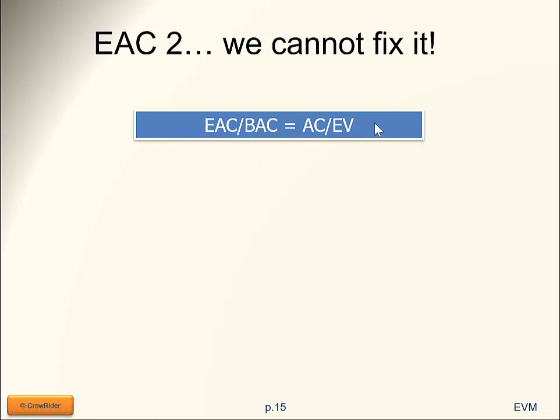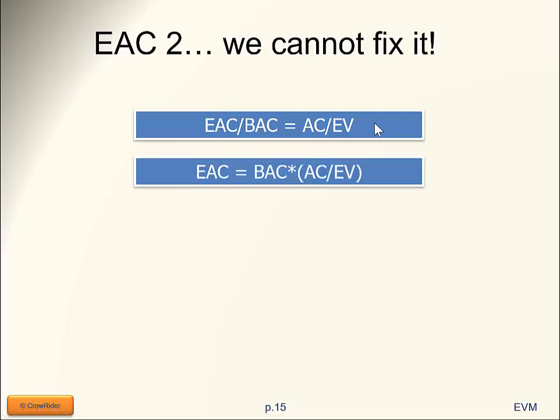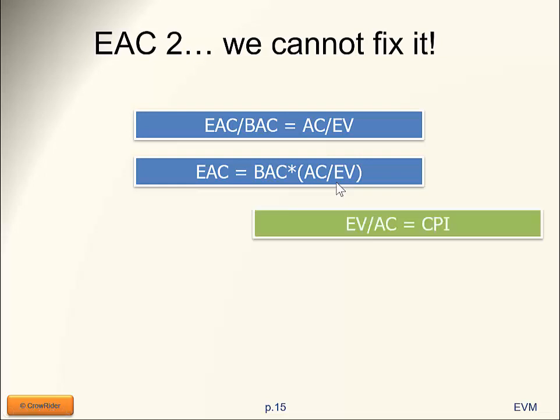So what happens now? What happens is that we resolve this equation for the estimate at completion. We take the budget at completion, move it to the other side, it becomes multiplied from divided, therefore budget at completion multiplied by actual cost divided by earned value. Now, actual cost divided by earned value, you might remember, is the inverse of the CPI, right? The cost performance index, in fact, was earned value divided by actual cost.